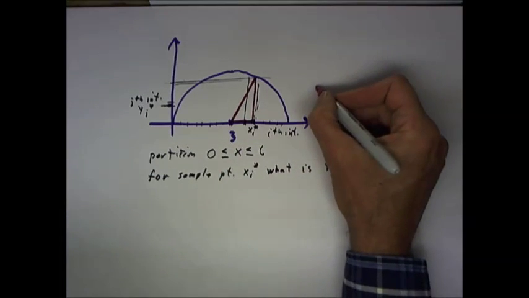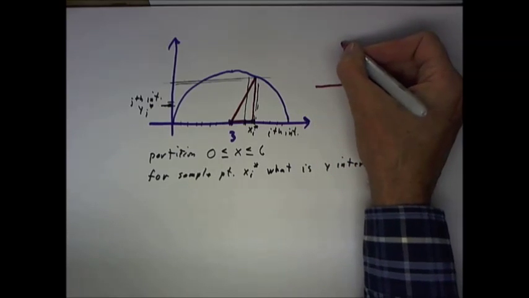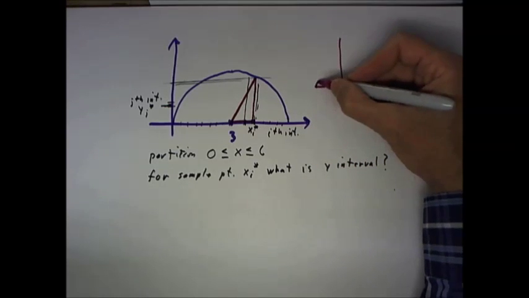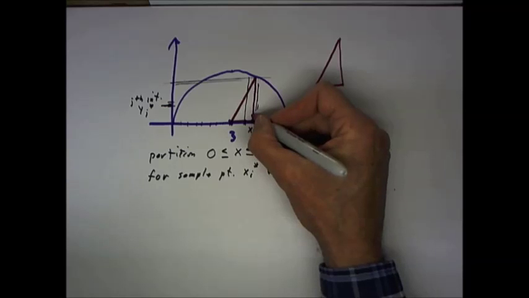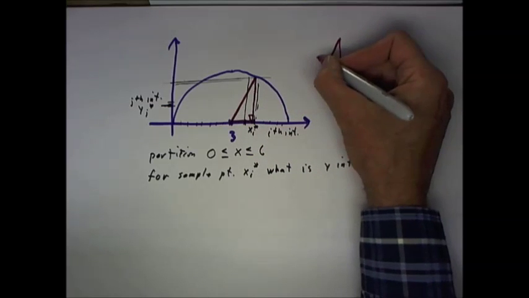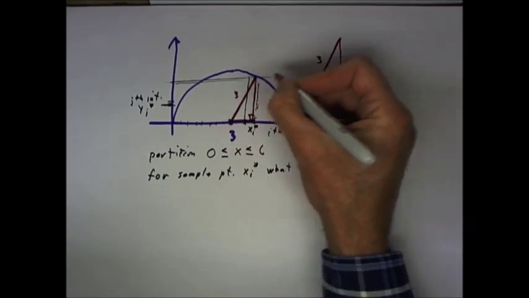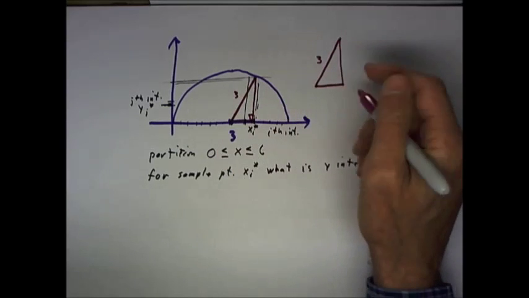Now if we pull that triangle out of the circle so we can label it, it's a right triangle. This side is 3, this being a radius of the circle.